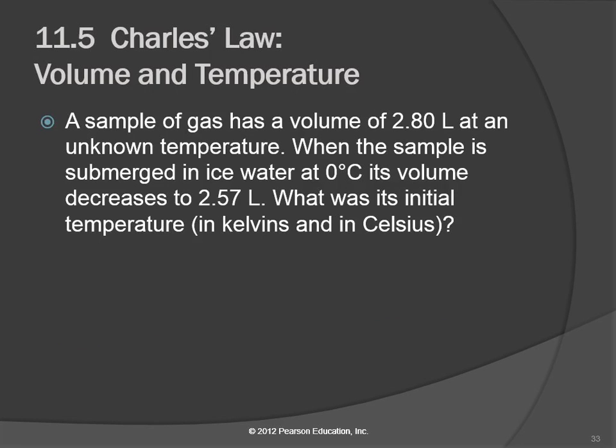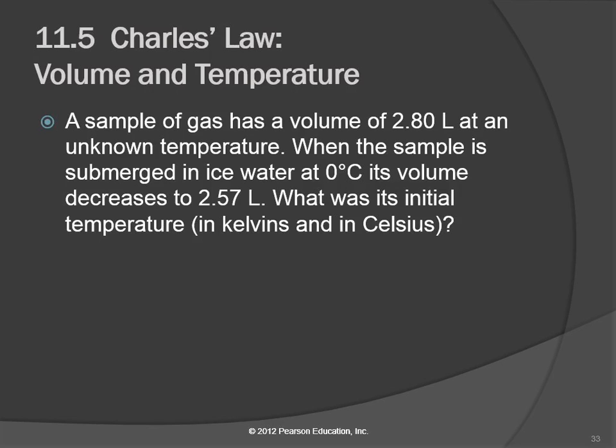So let's do an example. A sample of a gas has a volume of 2.80 liters at an unknown temperature. When the sample is submerged in ice water at 0 degrees Celsius, its volume decreases to 2.57 liters. What was its initial temperature, in kelvins and in Celsius?